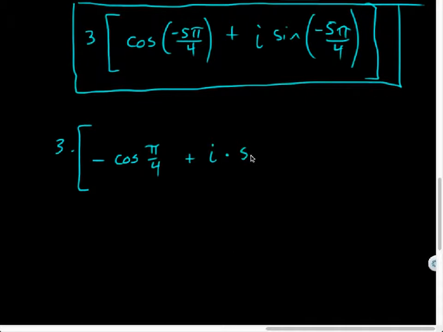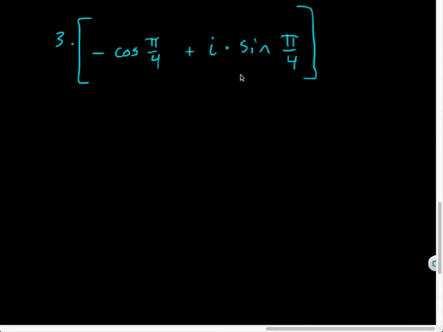So multiply by the sine of pi over 4, just like so. And obviously if I didn't know the values of these angles, you could use calculators to figure out some of this. So this is going to be negative root 2 over 2 plus, sine of pi over 4 is also root 2 over 2 times I.